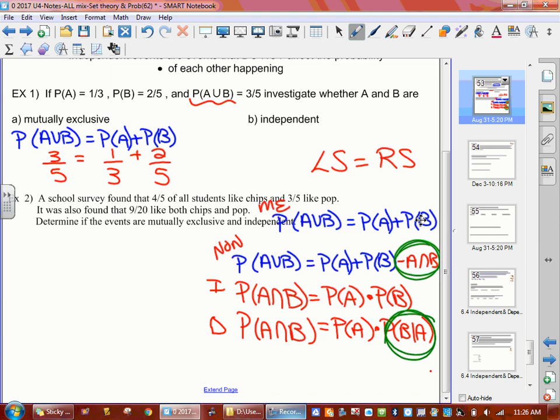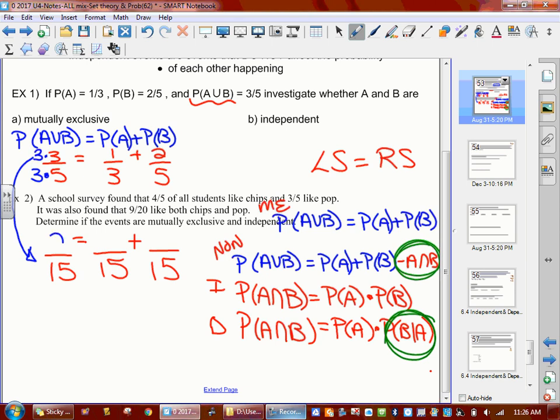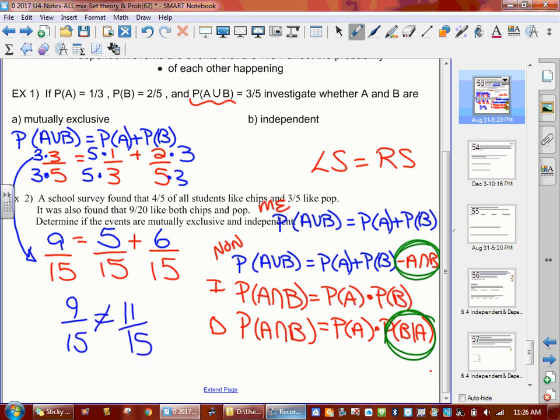So in this case, it's going to be 15. So we would take our numbers and change them to be out of 15. Okay, so I've changed my bottoms to 15 down here. Now I'm going to change my top. This one times by 3, so I multiply my top by 3 to get 5. Over here I multiply by 5, I multiply my top by 5 and get 6. 9 over 15 is not equal to 11 over 15. So my left side is not equal to my right side.